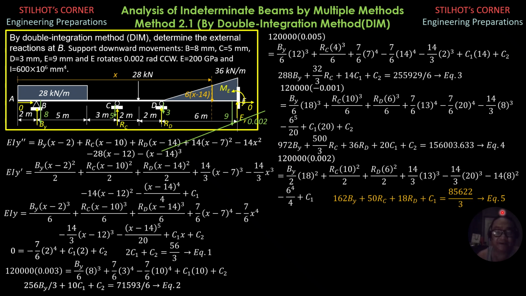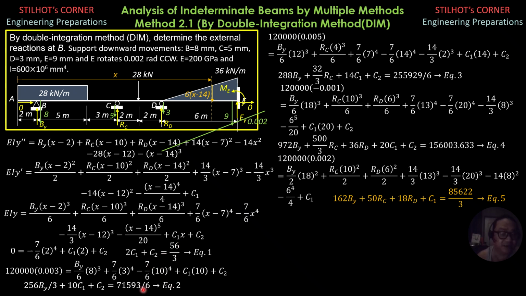Now, there are 5 equations involving 5 unknowns. So let's reduce this to 4 equations for 4 unknowns, because the calculator allowed is capable only of 4 simultaneous linear equations. So from equation 1, the value of C sub 2, we replace all C sub 2's in these equations in terms of C sub 1. So C sub 2 is 56 over 3 minus 2 C sub 1.